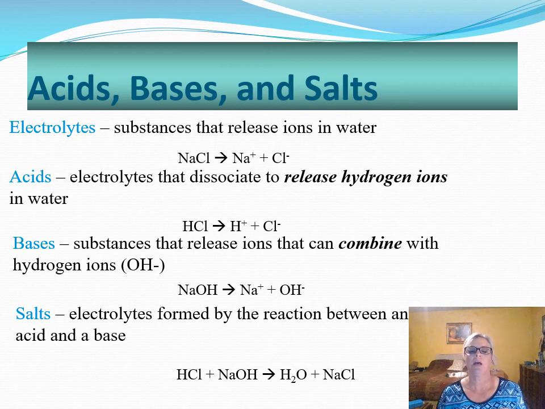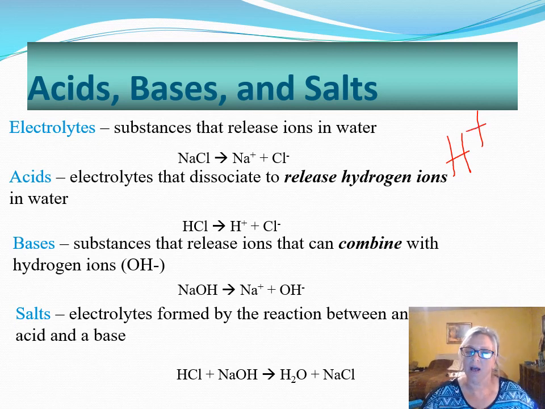So what is an acid? An acid is something that dissociates, or it will break down in water to release hydrogen ions. Hydrogen ions. Well, what is a hydrogen ion? Well, that is a charged atom of hydrogen. And hydrogen is on the left side of the periodic table, so for the most part, we consider it to be a metal. Now, that's a little confusing because it also can be hydrogen gas. It can actually be both a metal and a non-metal.